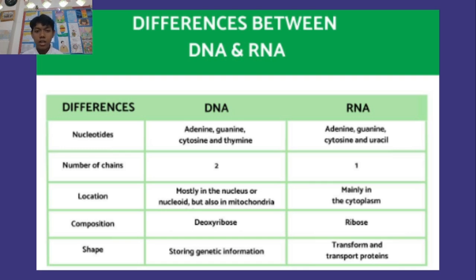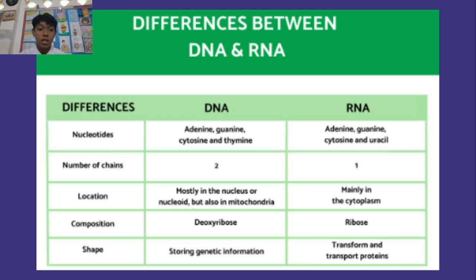DNA has adenine, guanine, cytosine, and thymine. And RNA has adenine, guanine, cytosine, and uracil. And the number of chains: DNA has two, and RNA only has one.